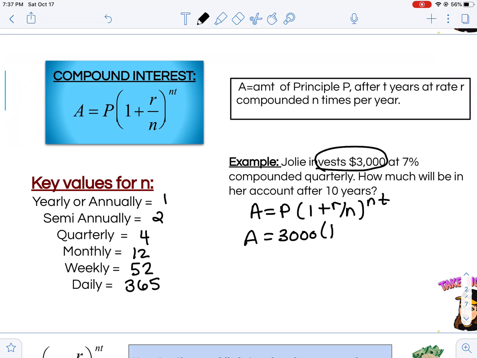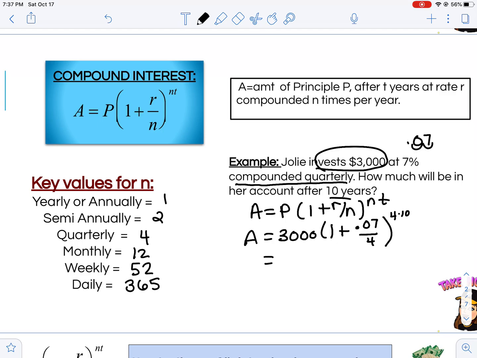Her rate on her account is going to be 0.07. So remember that 7%, we go 1, 2. So we'd have to add that 0. Now, N is the number of times it's compounding, and you can see that here, compounded quarterly. So I would use the number 4, and then 4 also goes up on top. And then the time that we're going to do this for is 10 years.